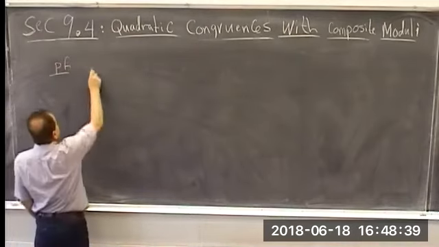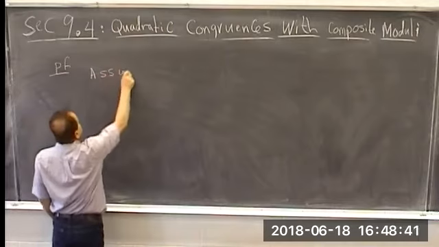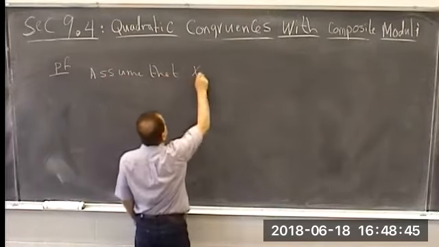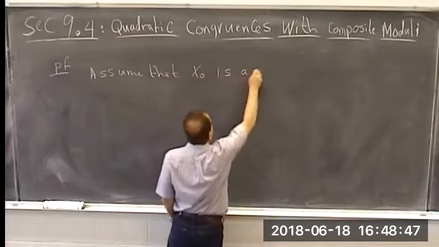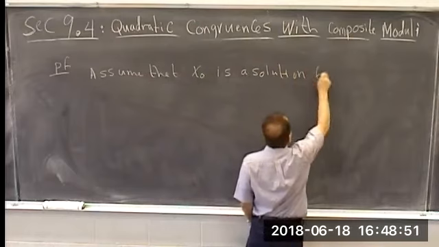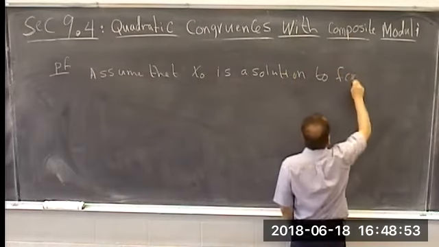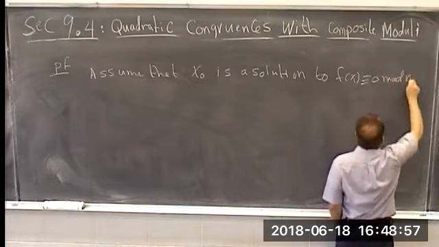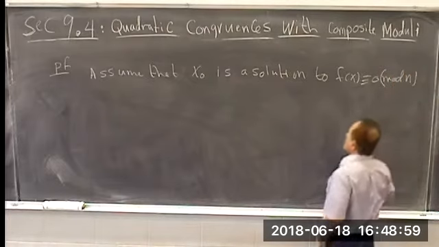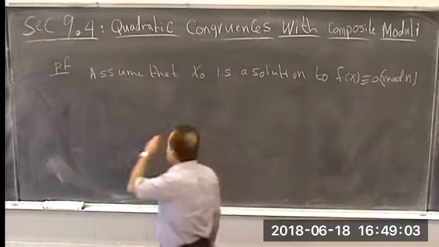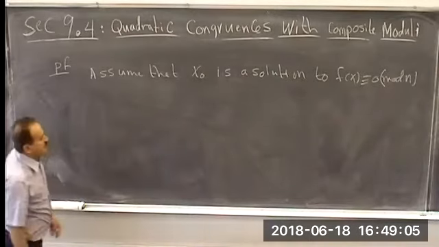Let's assume that x sub 0 is a solution to f of x congruent to 0 mod n. In other words, this belongs to the solution set of this, and I want to show that it is also a solution for the system.